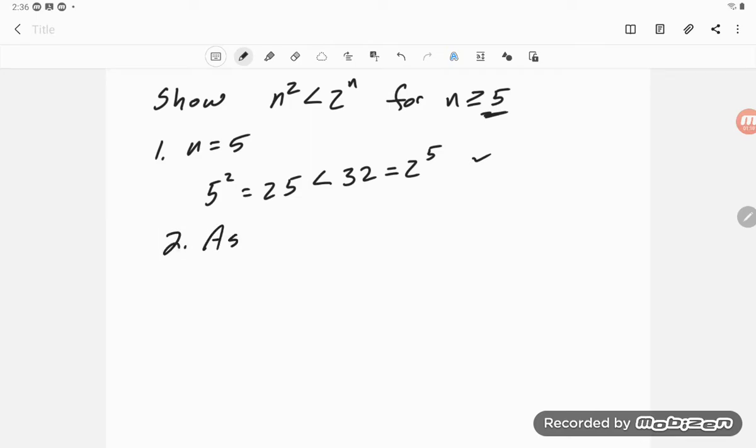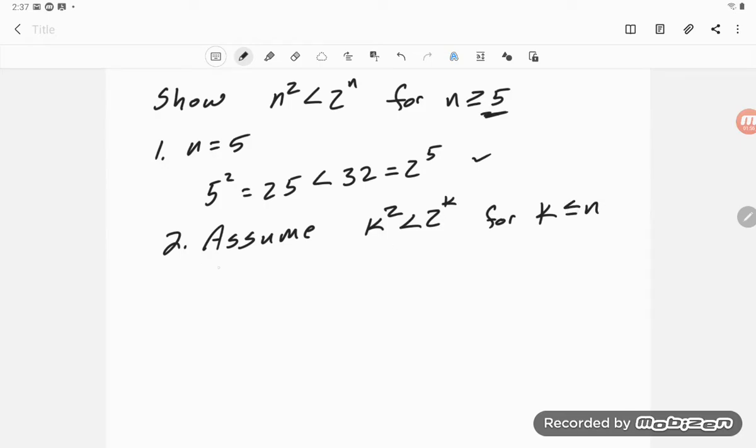Now, for our induction step, we assume that k squared is less than 2 to the k for k less than or equal to some n that we're having.